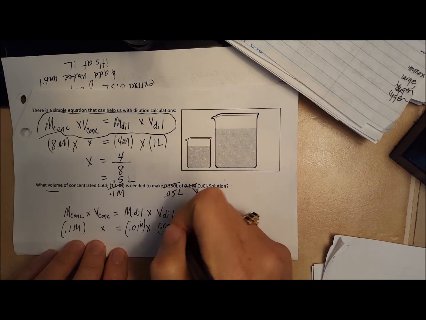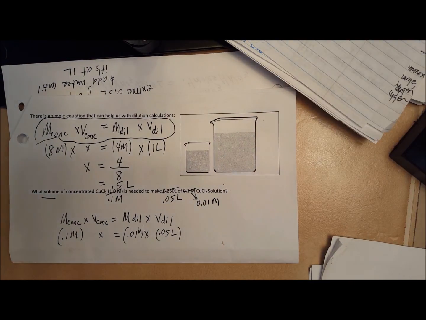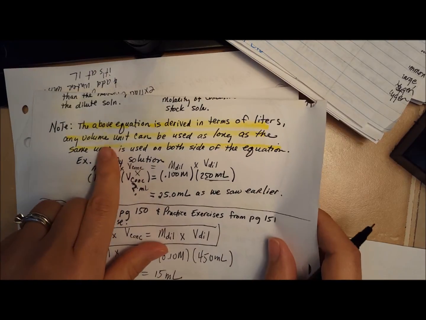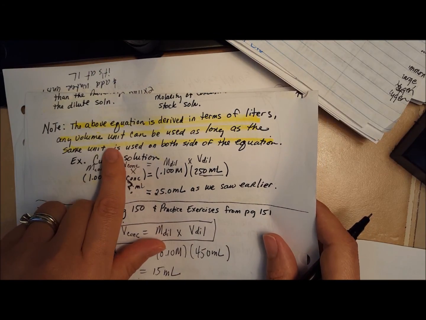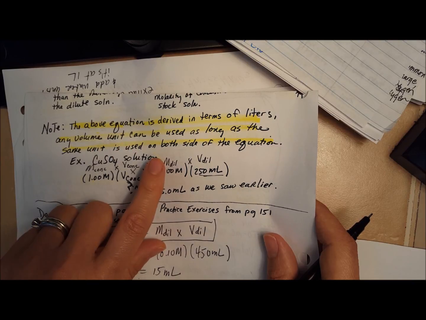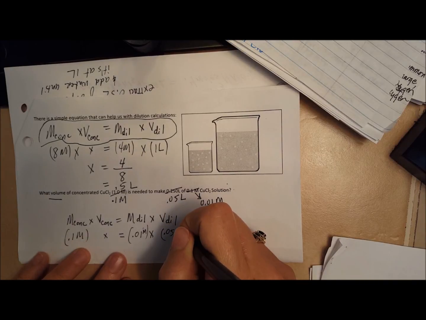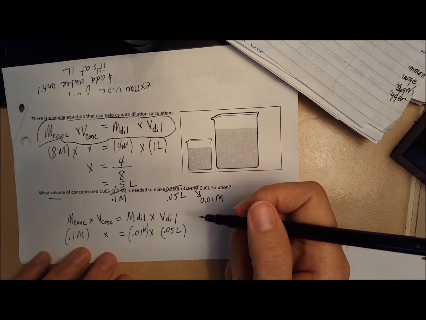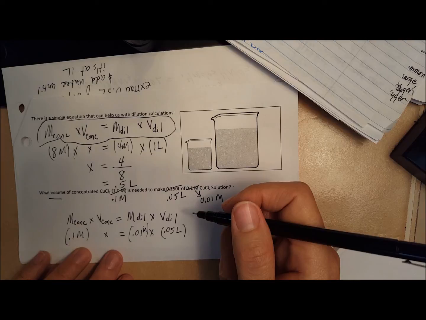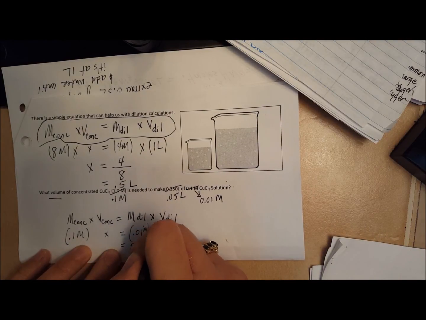So when you solve for X, you know that you're getting it in liters because of that other rule that I told you. It's right here. The above equation is derived in terms of liters. Any volume unit can be used as long as the same unit is used on both sides of the equation. Since we're using liters on this side, then X is going to be in liters. And when you do the math, you should get 5 mils.